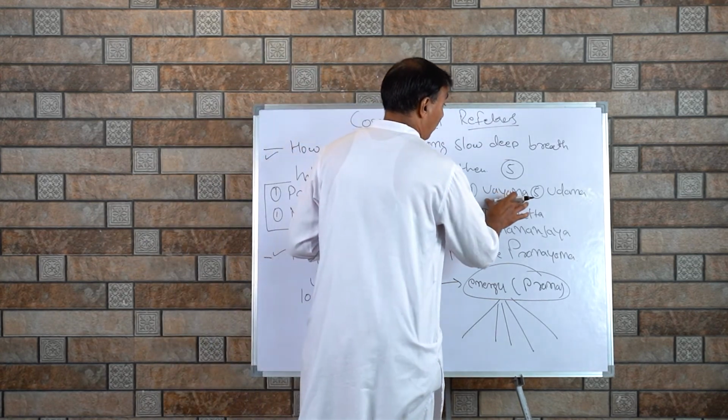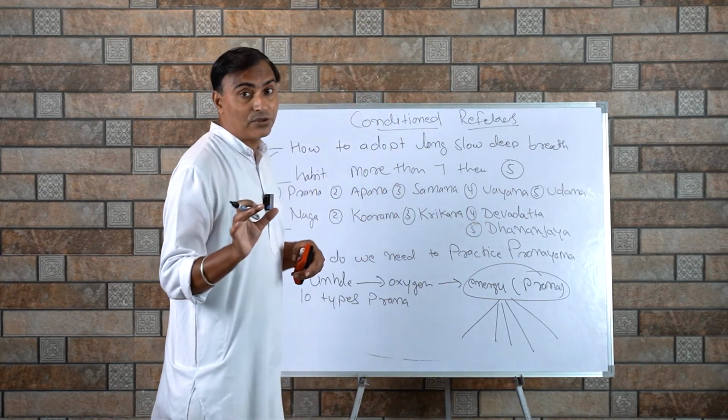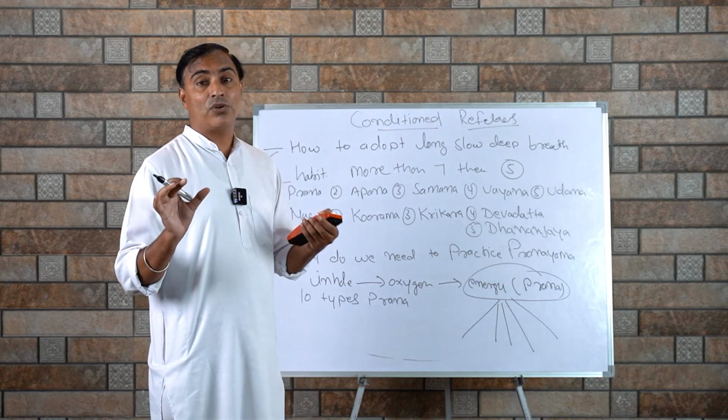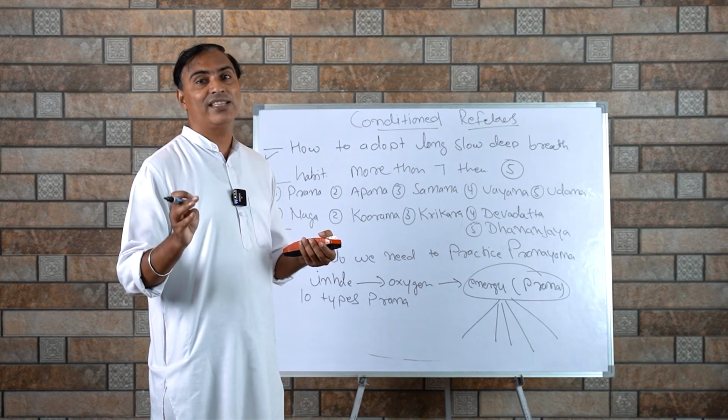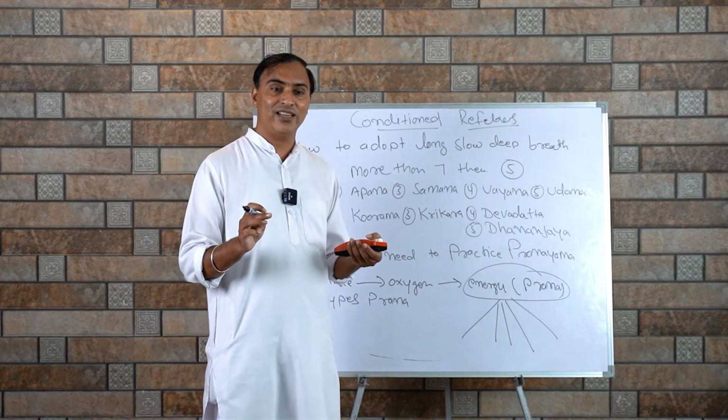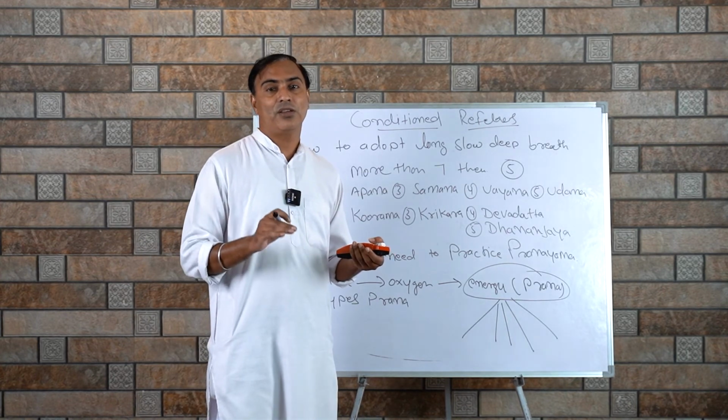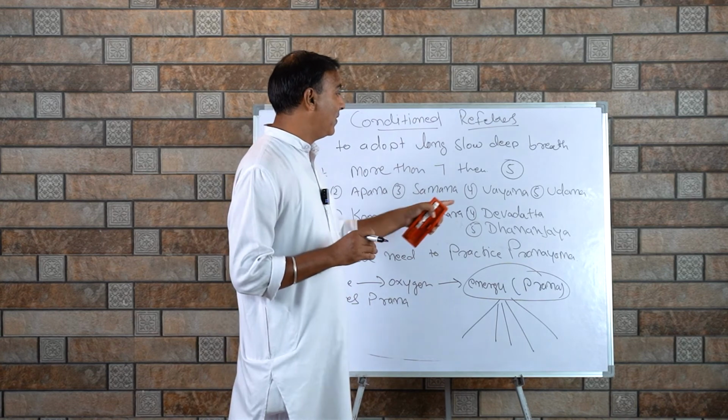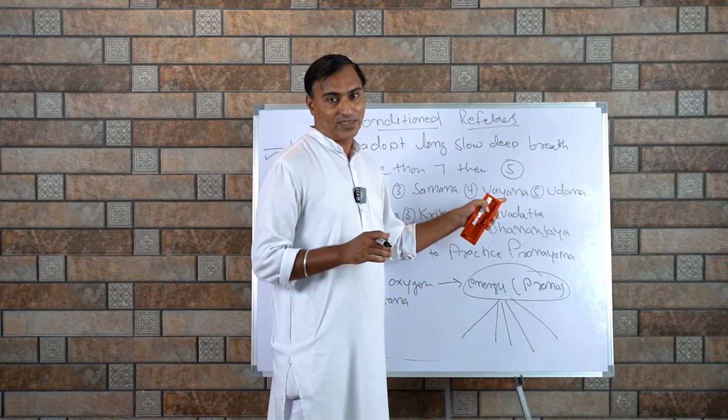And Vyana is for all the 5 sense organs: the eyes, ears, nose, tongue, skin. All these senses will work efficiently if the Vyana is working efficiently.